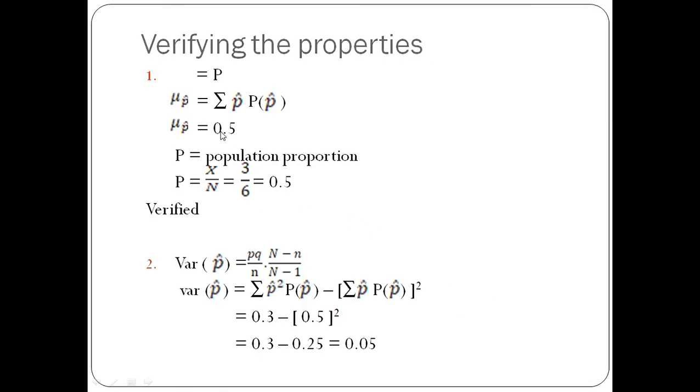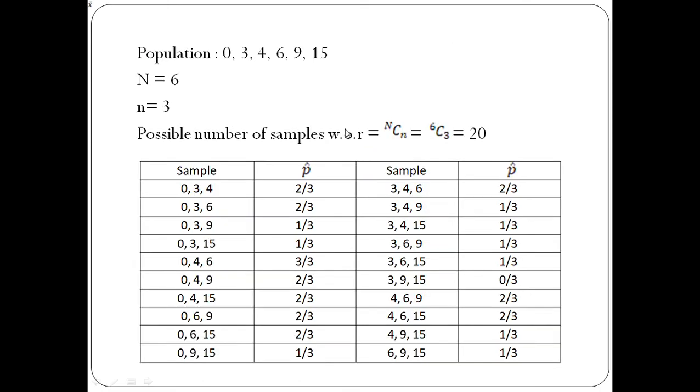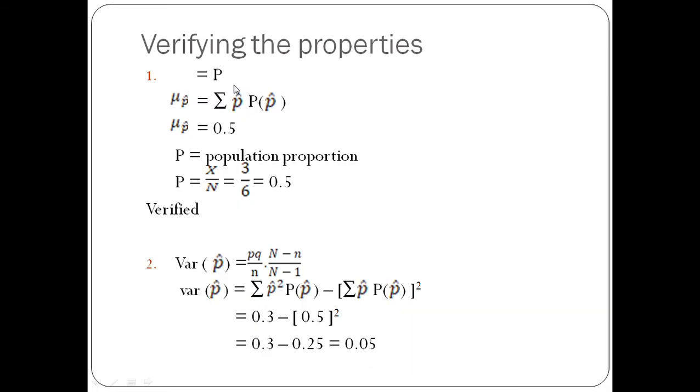Now capital P is the population proportion, and in the population we will also see the proportion of even numbers. So this is our population. When we see the even numbers, all the population items are 6, and 1, 2, 3 are even. So here I have written 3 by 6, which is equal to 0.5. So the first property is verified here.